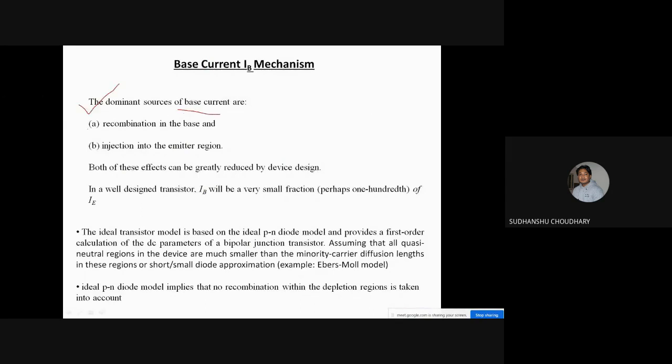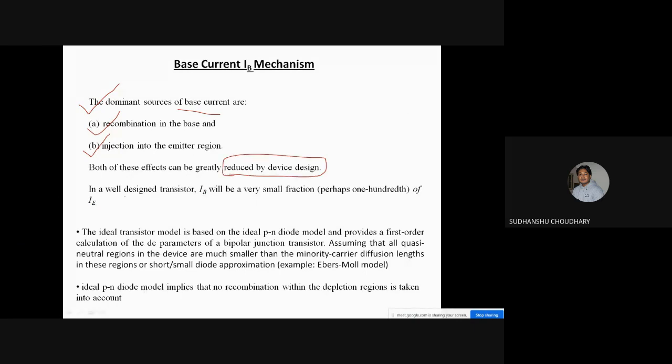So let us redefine once again the dominant sources of base current. The dominant sources we have studied are recombination in the base and injection into the emitter region. Now both these effects can be reduced by good device design rules, or maybe some good design architectures. Okay. So they can be reduced.